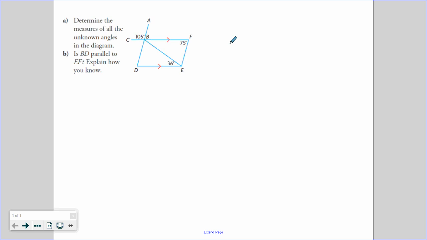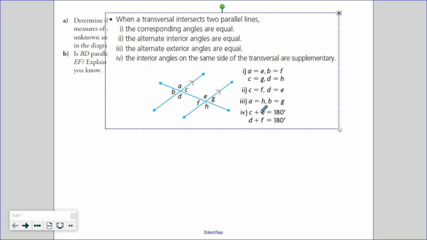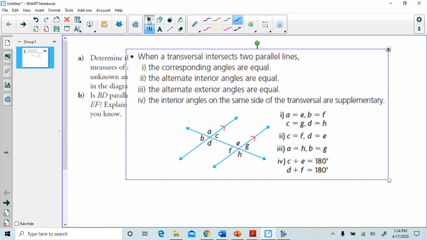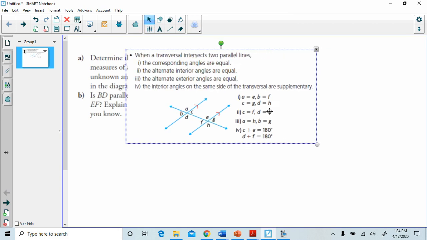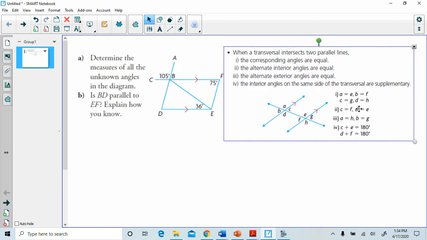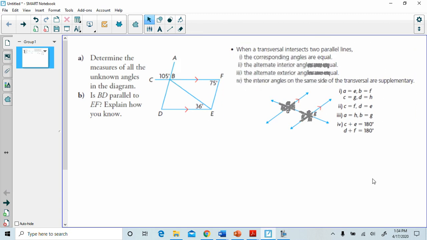We'll just start with some key ideas, based on what some relationships are between the transversal and the parallel lines.